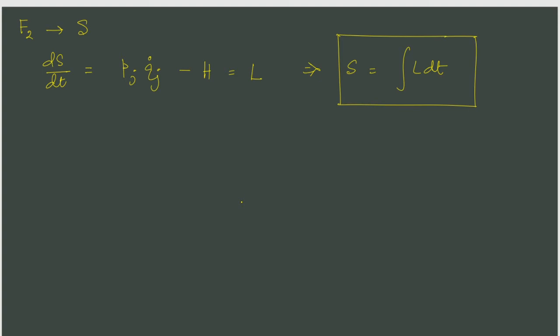So, if that is the case, then as long as new coordinates are concerned, we can say that K is 0, which means this also is 0, right?